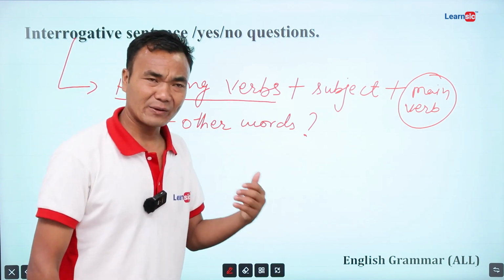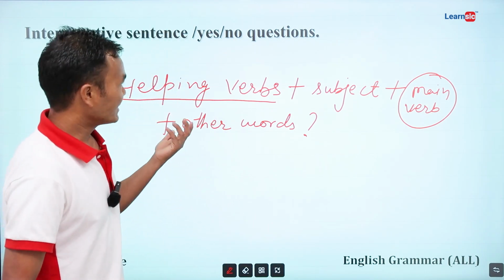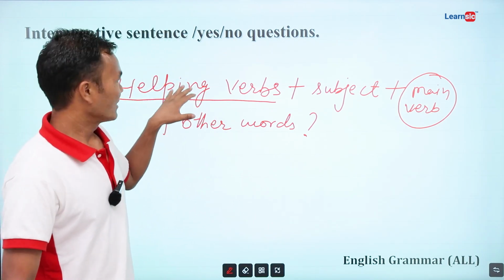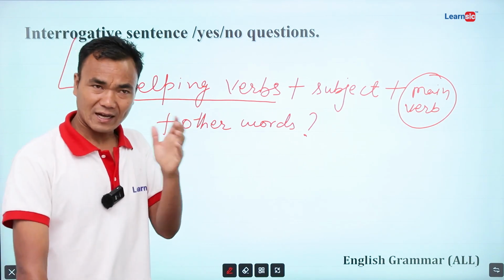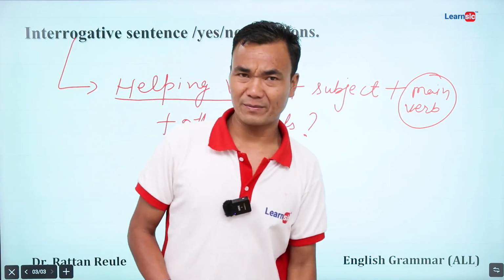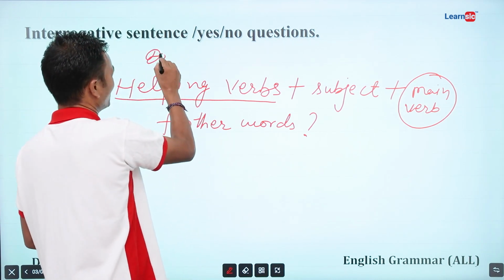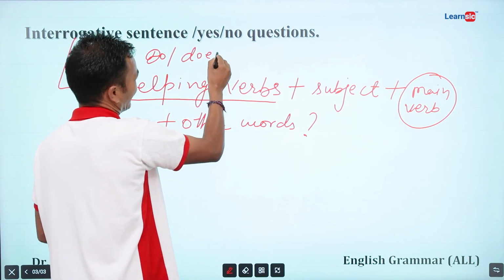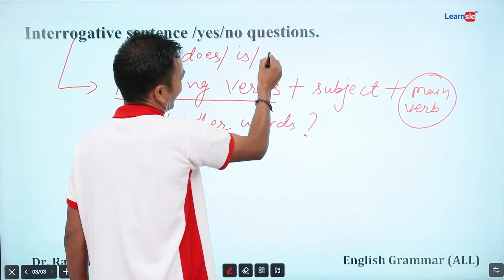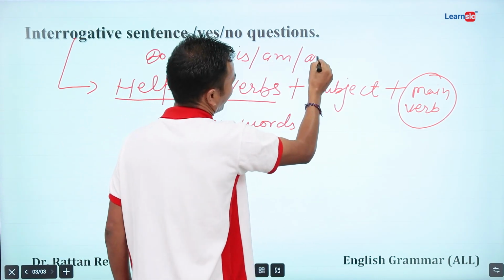Our interrogative sentence starts with a helping verb. You must know what the helping verbs are, like do, does, is, am, are, right?